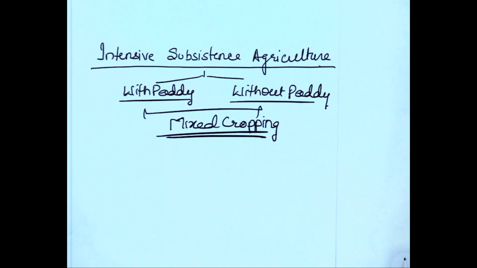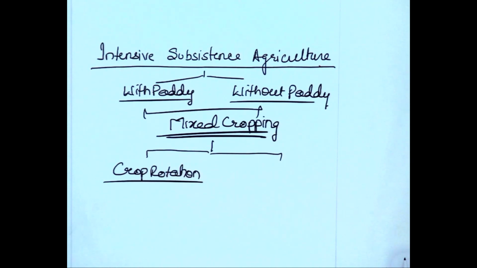Mixed cropping is very different from mixed farming, and it essentially correlates with either crop rotation or it goes with intercropping.